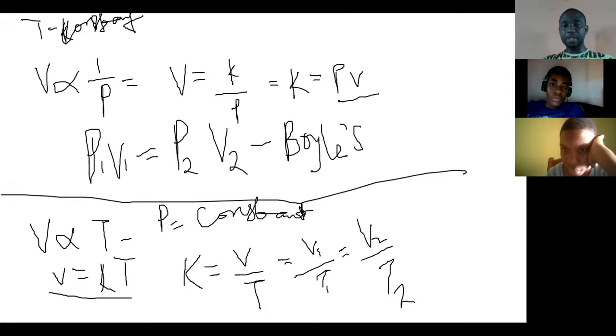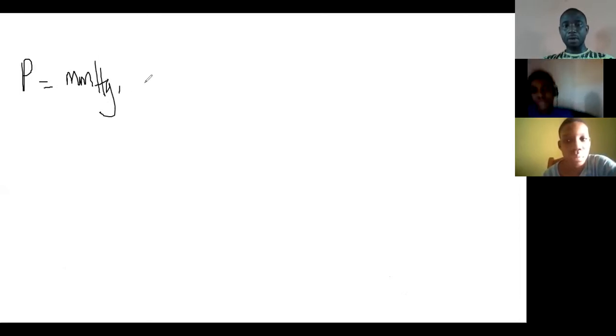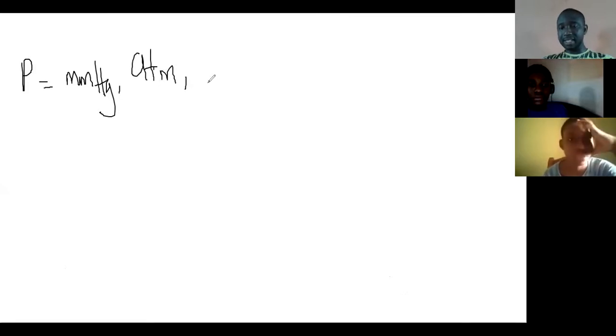Now, note this, please. Very, very instructive. P is pressure, measured in millimeter mercury or ATM. What is ATM?